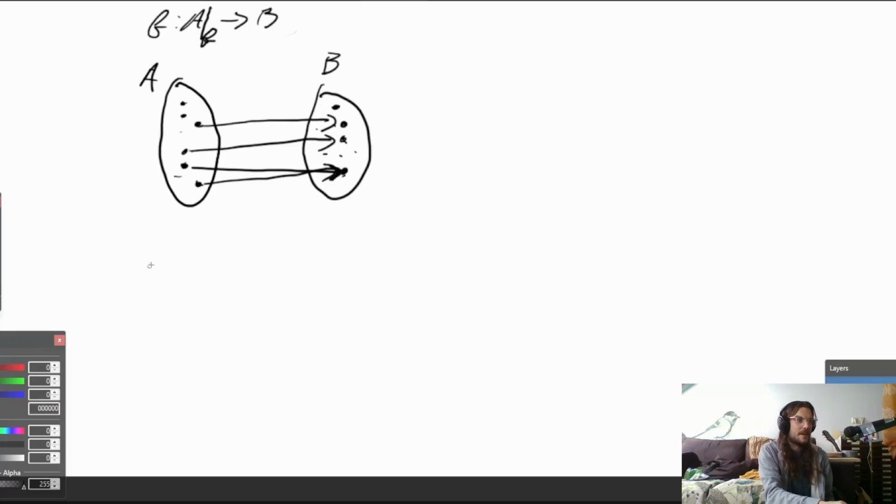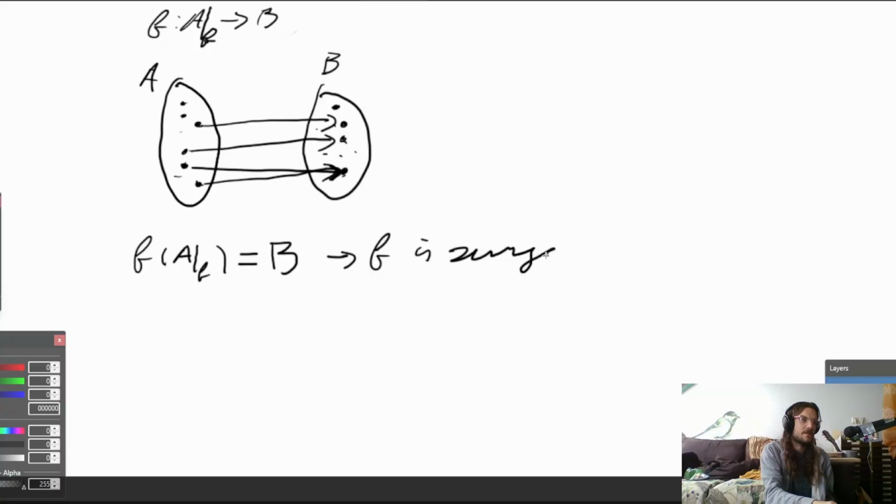However, if our function f hits the entire space B, and sometimes we write the subset that is hit by writing in the entire set as the argument, if the set that is hit by f is the entire space B, we call f surjective. I always remember this by thinking it surveils the entire set, so it's surjective.